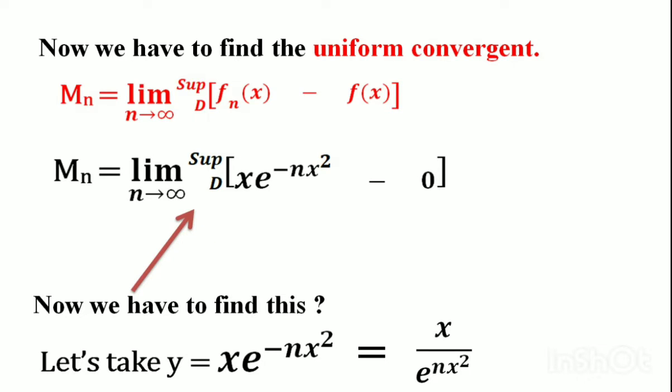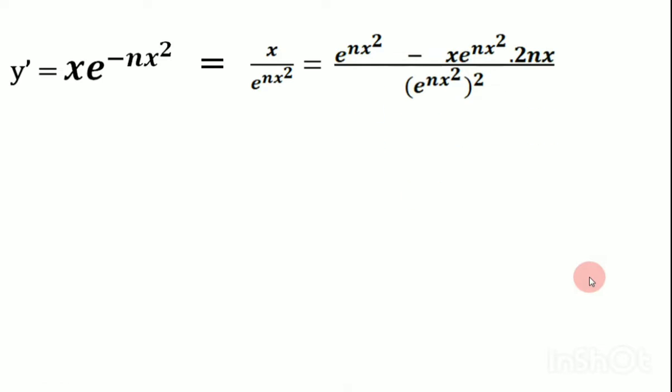As we all know how to find the supremum, let me show you. First we take y = x e^(-nx^2). Then we find the first derivative. The final solution is y' = (1 - 2nx^2) / e^(nx^2).